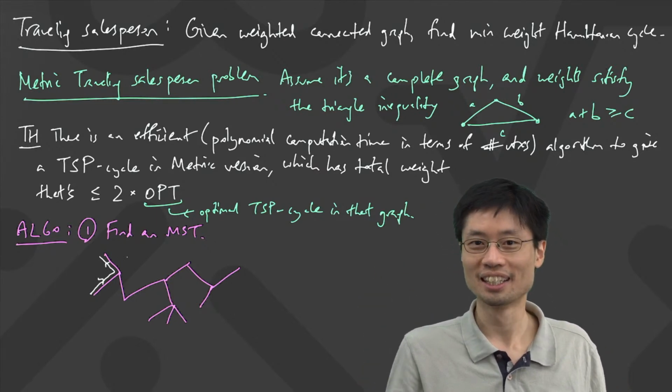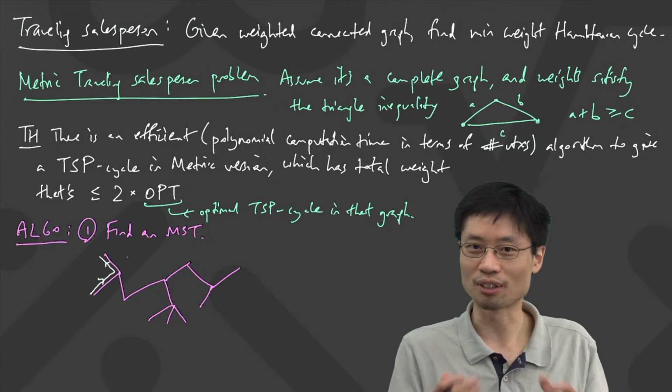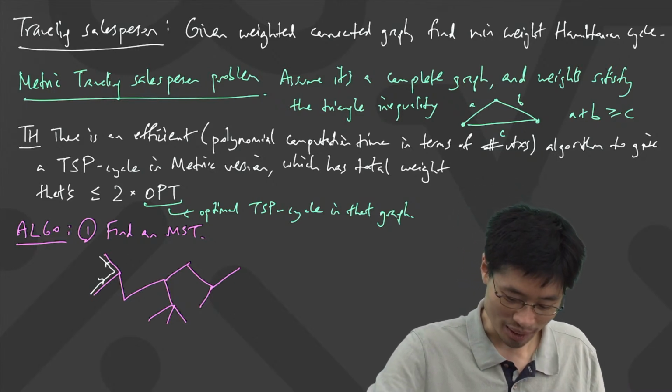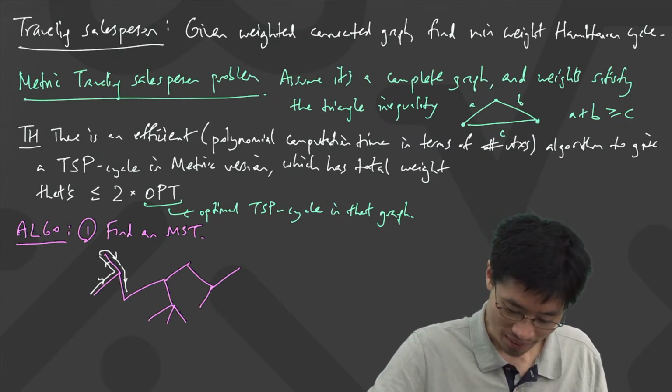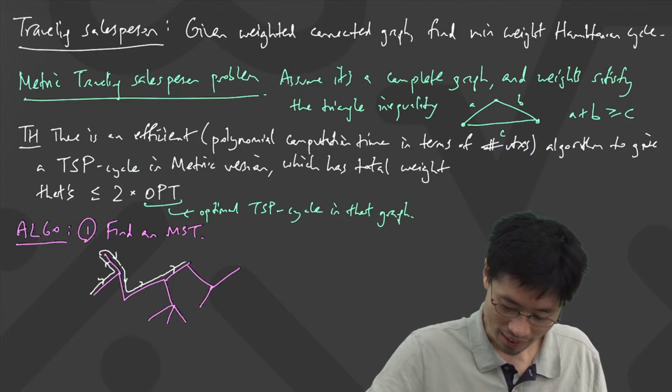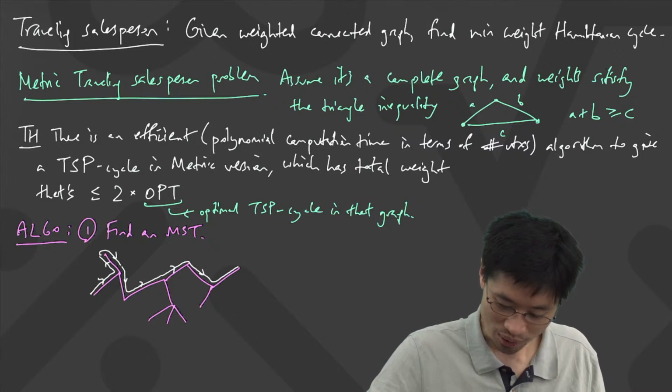First I'm going to be like, here is the traveling salesperson who just follows the MST and does something that's not super clever. Look at what the traveling salesperson is doing. If you can see, I'm going around this whole MST. Where's this factor of 2 possibly coming from?